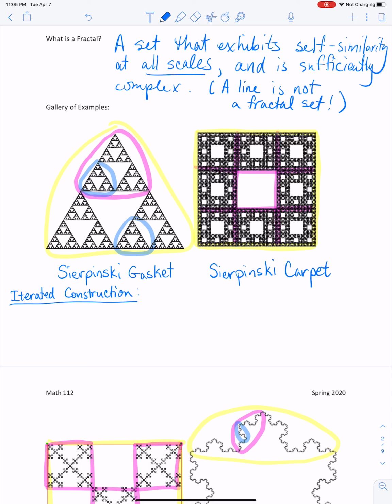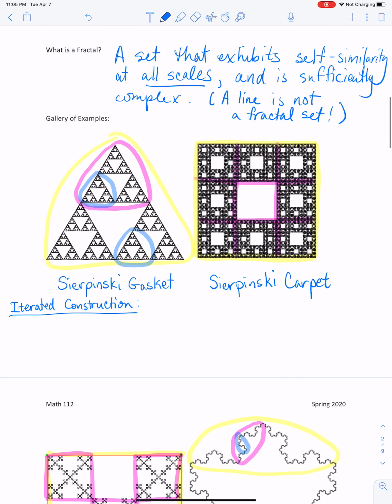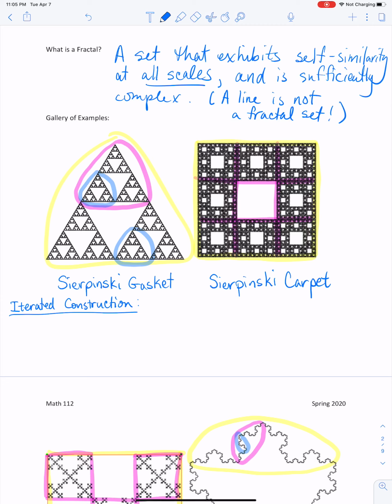Okay, so what I'll do is start by describing the Sierpinski gasket, and then I'll leave it as a your turn exercise to describe the Sierpinski carpet, and then I'll talk about the ones on the next page. So, here, the Sierpinski gasket, our iterated construction, we start with stage 0.